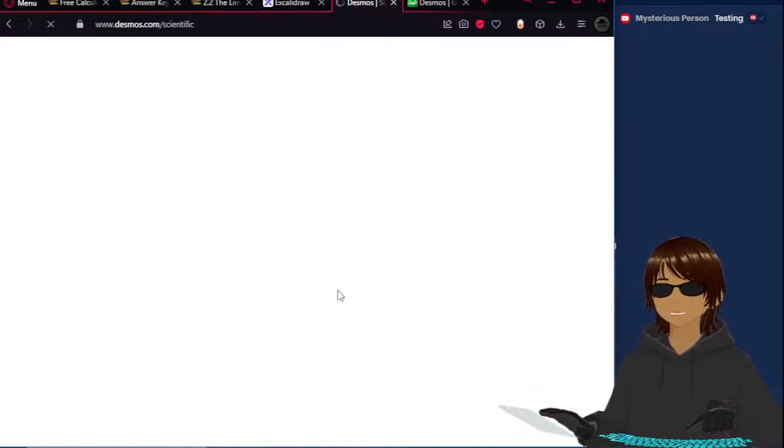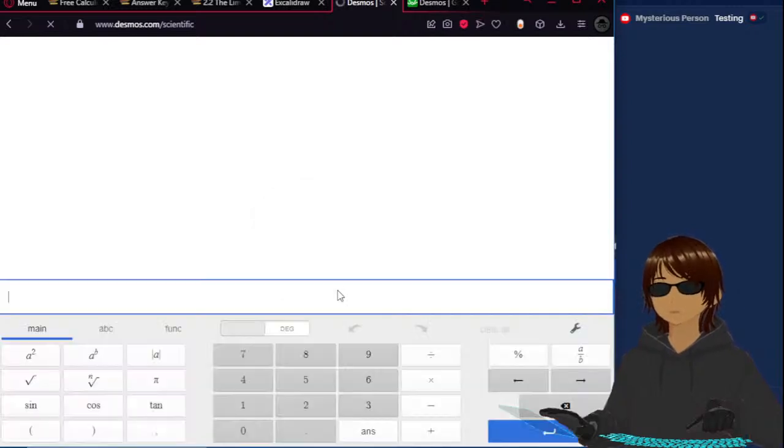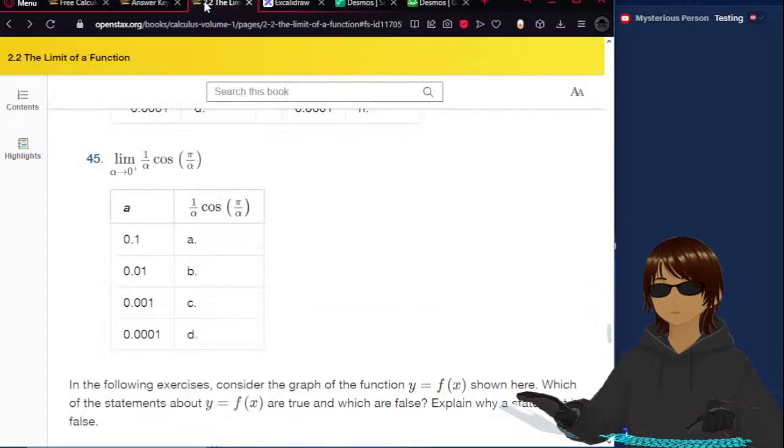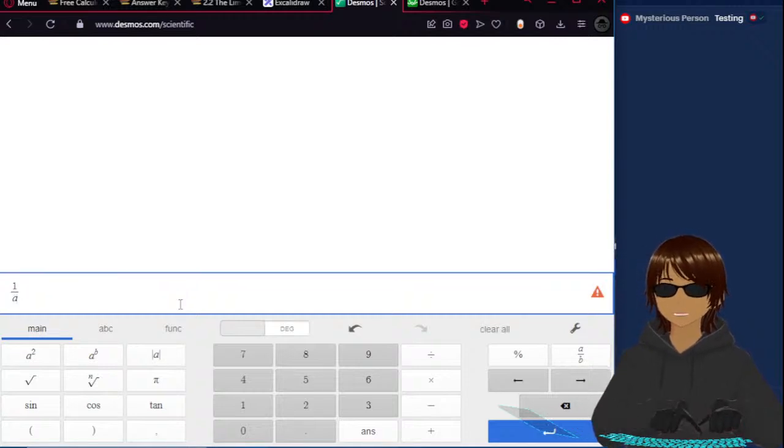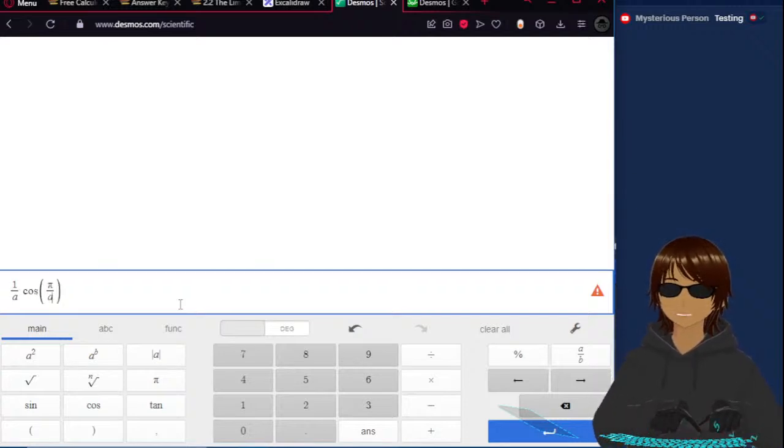Let's use the scientific calculator now. One over a cos pi over a.